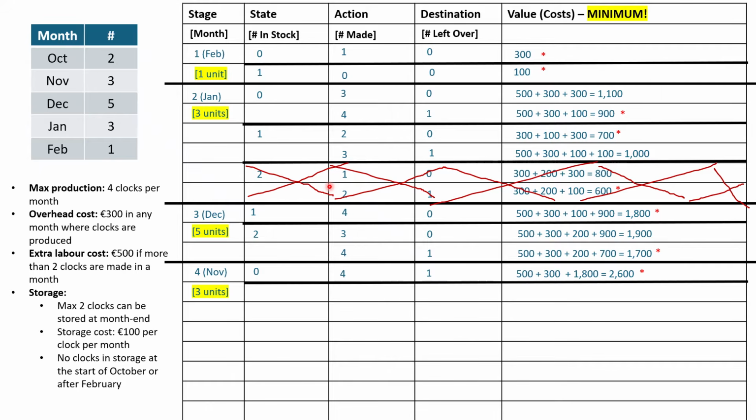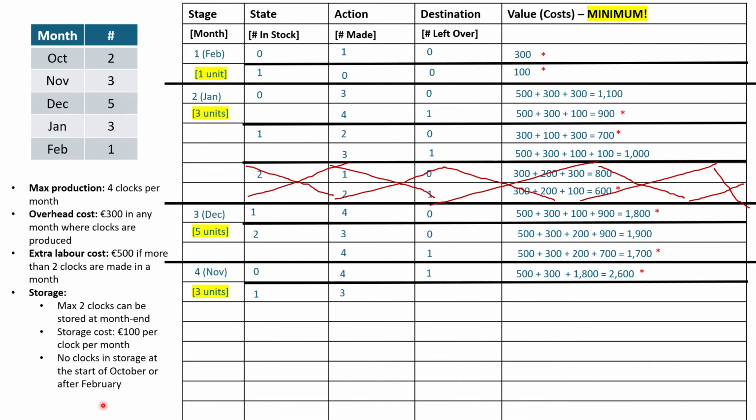But if you include it, yes, it'll slow you down a little bit, but it isn't the end of the world. So then in November, so this is stage 4, we need 3 units. So then we think we have to have 1 or 2 left over. We can't have nothing. Okay, so we need to bear that in mind when we're working through November.